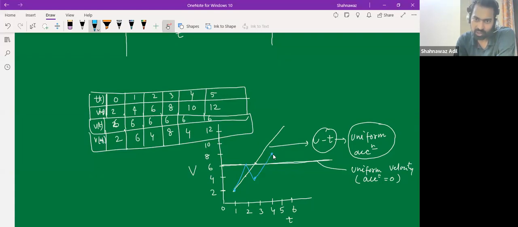And then it becomes what? At 5 it becomes again 4. So this one, and then let's say 12. So this is which kind of motion? Which kind of acceleration? Yes, this blue one is which kind? Non-uniform acceleration.